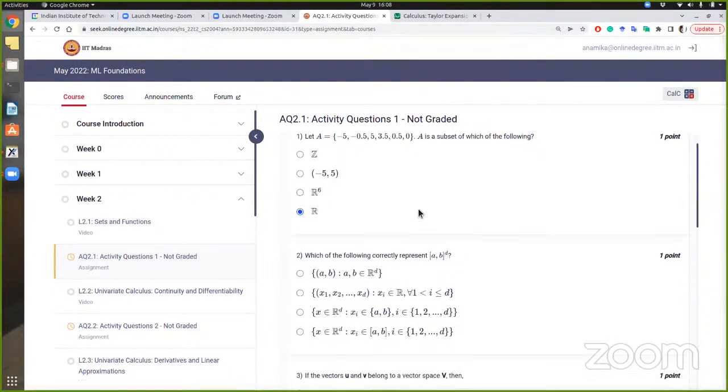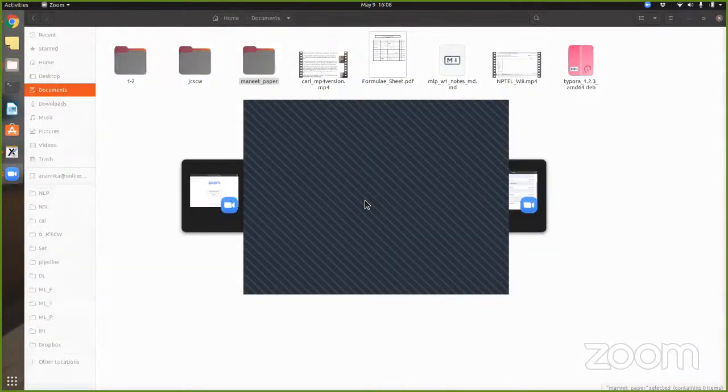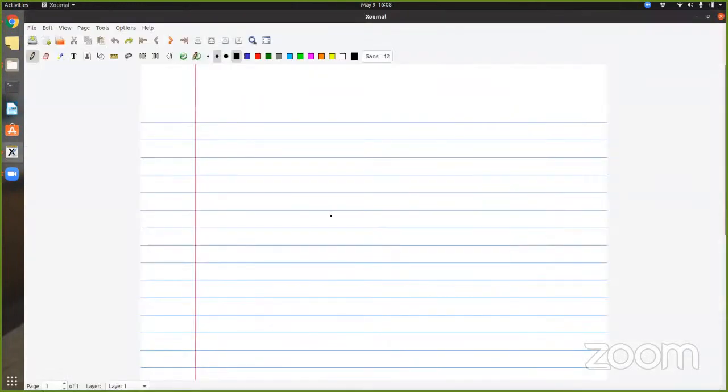Okay. The next one, which of the following correctly represents this term? Now, what is R^D? I hope this is clear to you. When we talk about, let's say, R^3, we mean all those points which have 3 values.